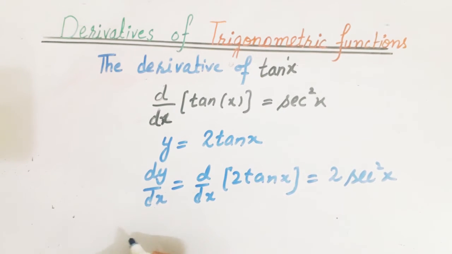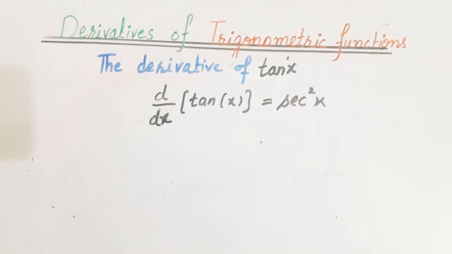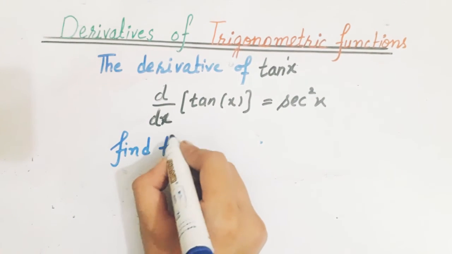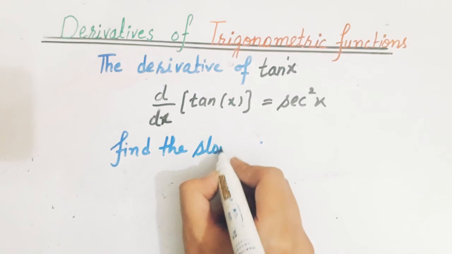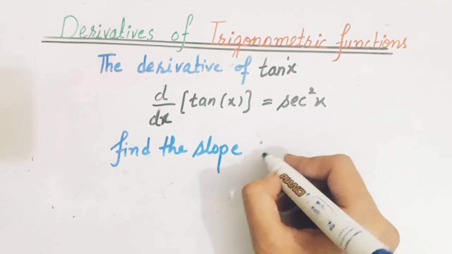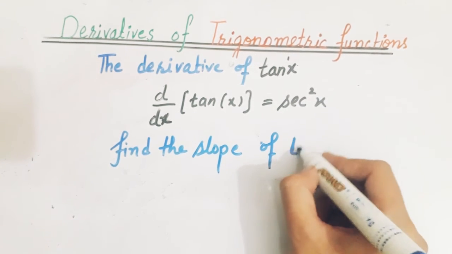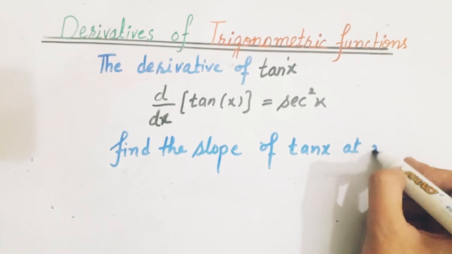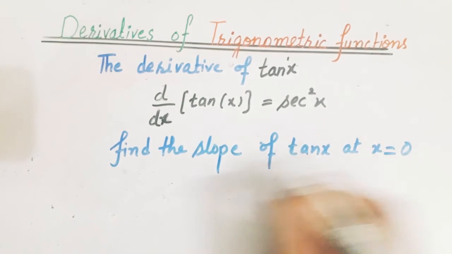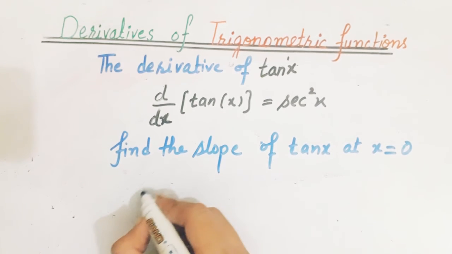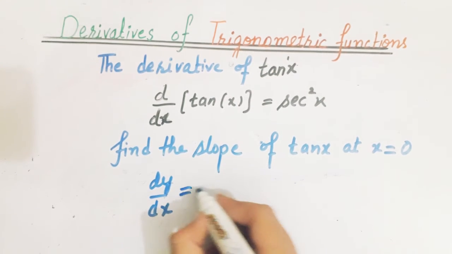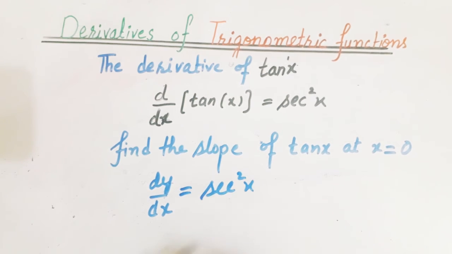Now we have another example. Find the slope of tan x at x equals 0. So dy by dx of tan x equals secant square x.